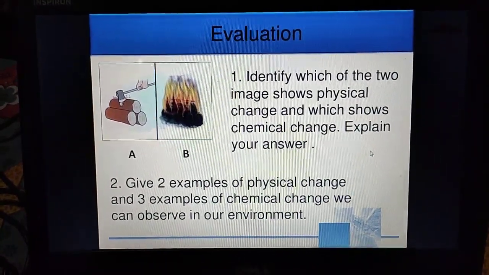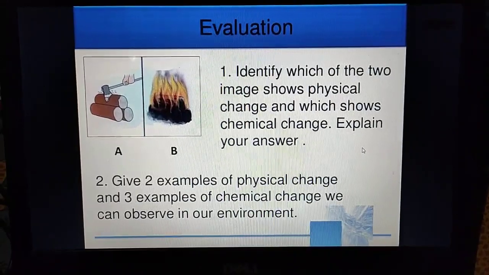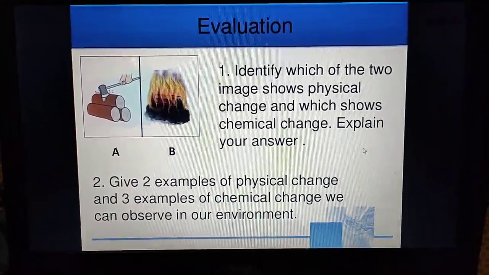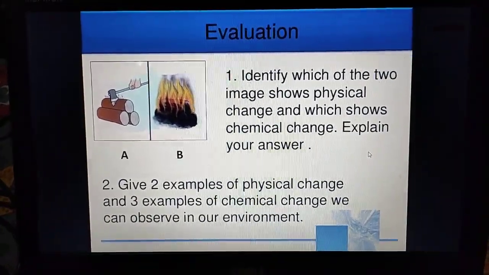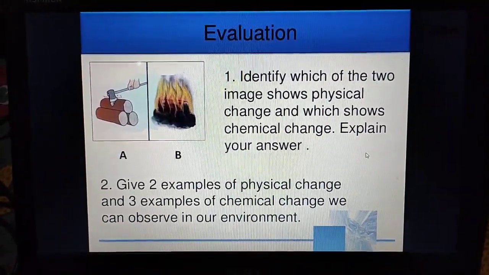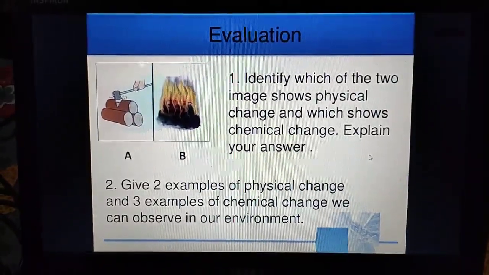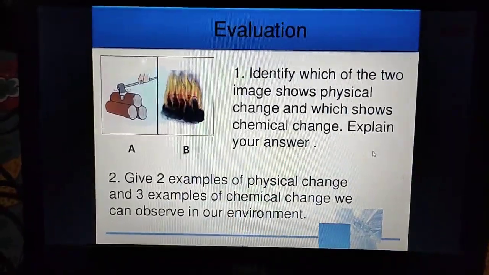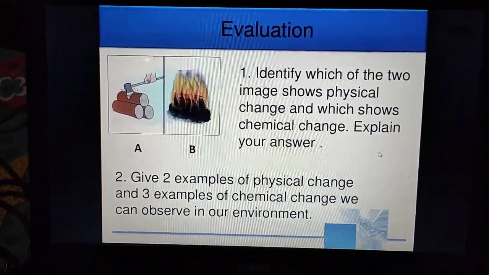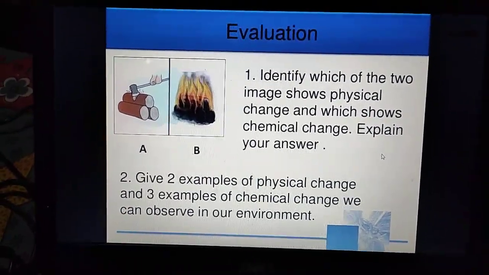Now, if I ask you to identify which of the two images shows physical change and which shows chemical change, and explain your answer, what will be your answer? In figure A, cutting wood is an example of physical change because no new substances are formed and the composition remains the same; the small pieces of wood have the same properties as the entire wood, right?